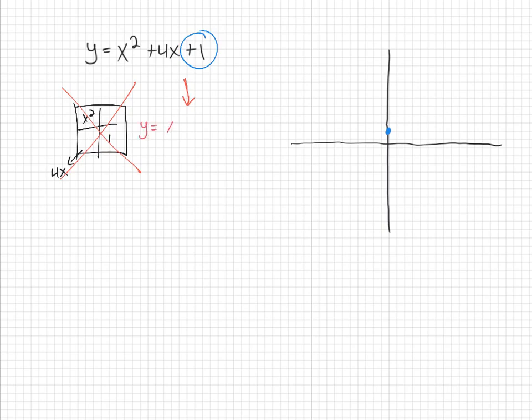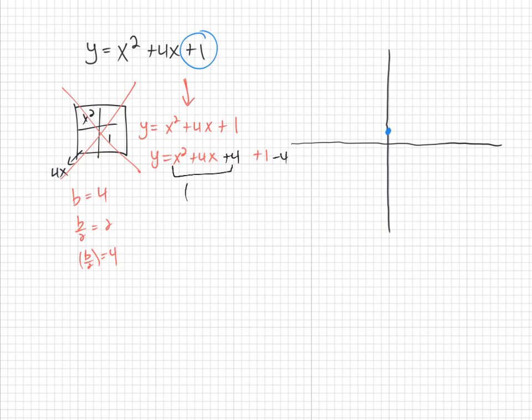So we got y equals x squared plus 4x plus 1. And remember, we take that b, the b value is 4, we cut it in half, so 2, and then we square it again, which gets us back to 4, but that's okay, because we're going to add and subtract that. So we get y equals x squared plus 4x. We're going to move that plus 1. We're going to add 4 and subtract 4.